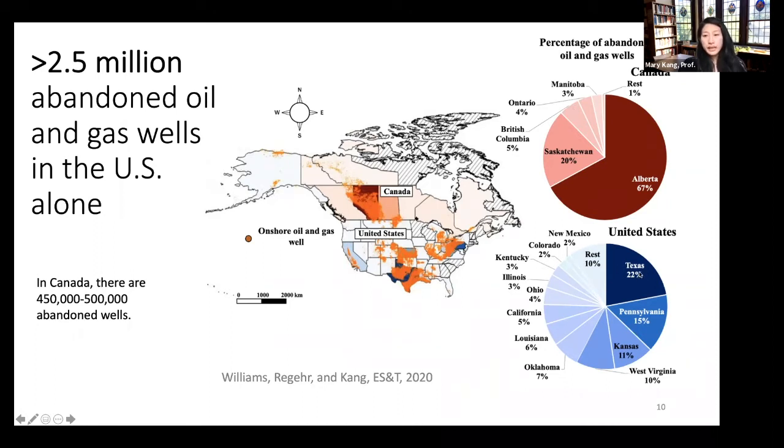And in the US, Texas, Pennsylvania, Kansas, West Virginia, and Oklahoma are some of the top states, which I've highlighted here. In Canada, there are probably around 450 to 500,000 abandoned wells. These are abandoned wells, so there have been more wells drilled, and at some point those wells will also get abandoned.